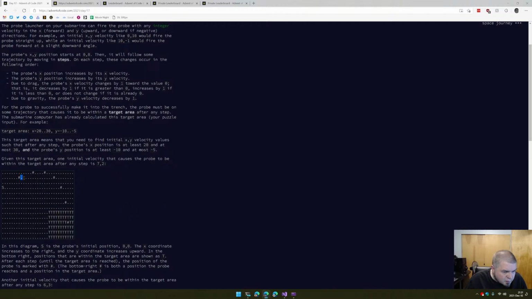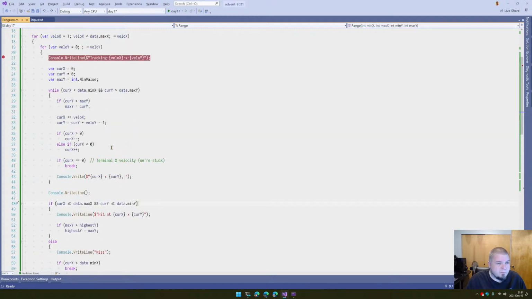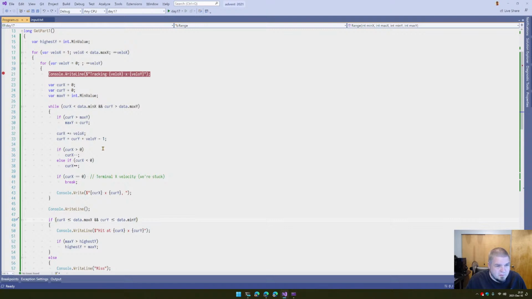Then we've got 1, 2, 3, 4, 5, 6, and 1. Oh, the velocity changes, not the position. Oh my goodness. I see.